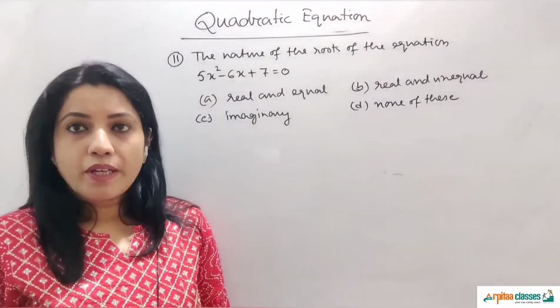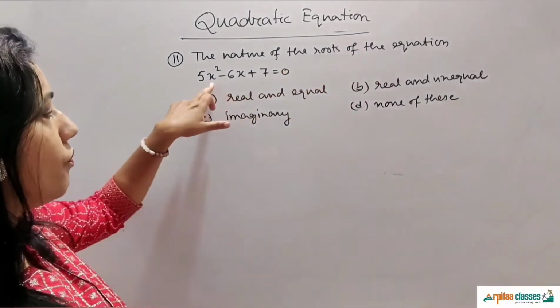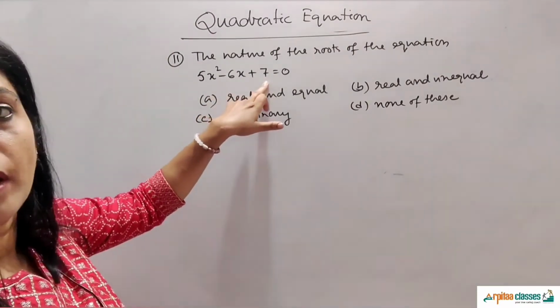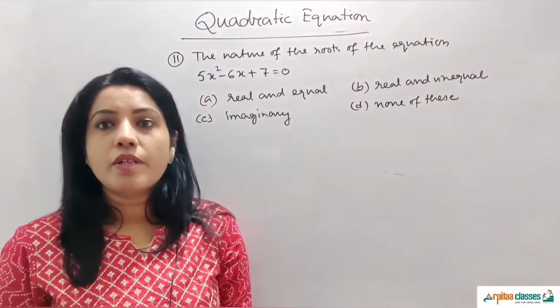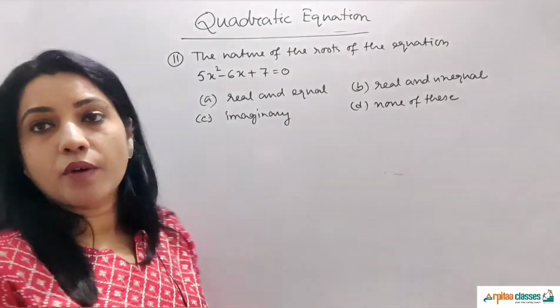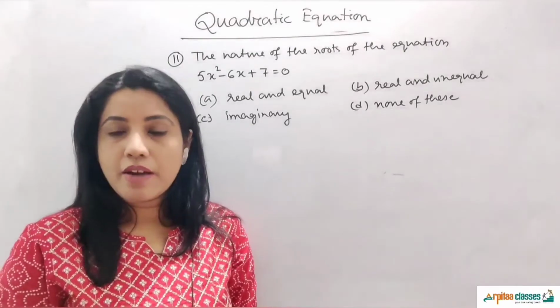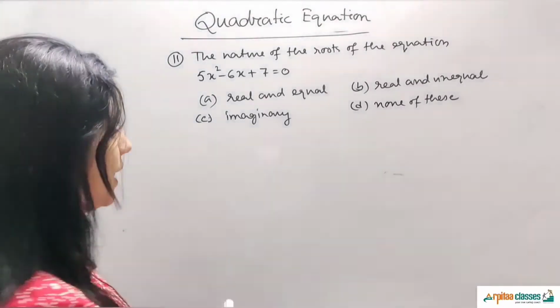Here you have the next question, which says the nature of the roots of the equation 5x square minus 6x plus 7 equal to 0. For this equation, you have to find out the nature of the roots. So you know that we have to find out the value of the discriminant. You can just pause the video and try on your own. I'm going to try it.